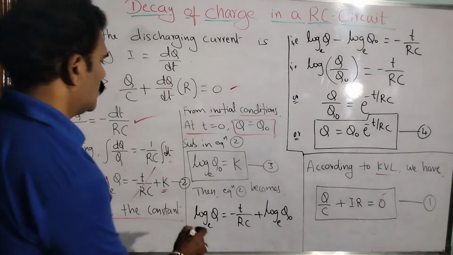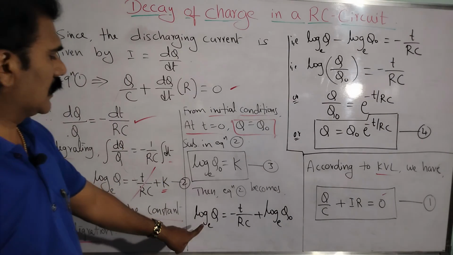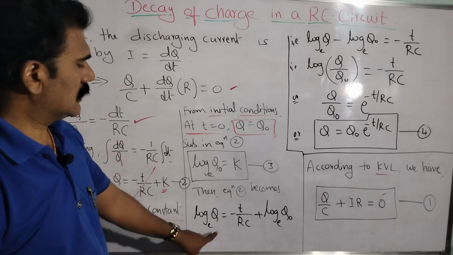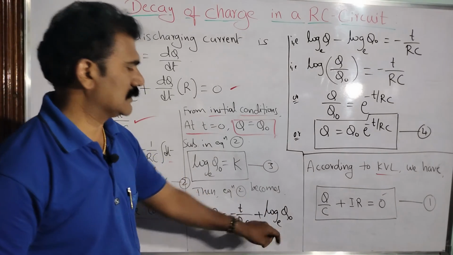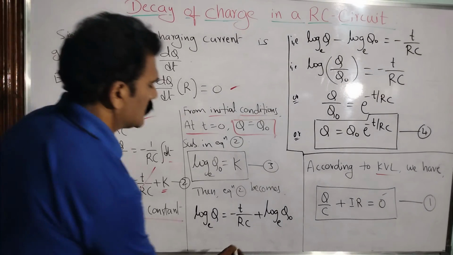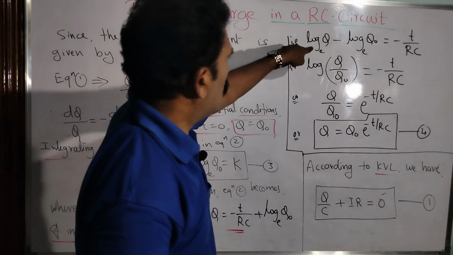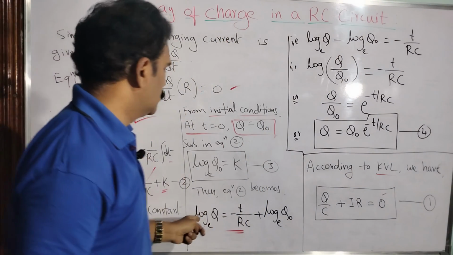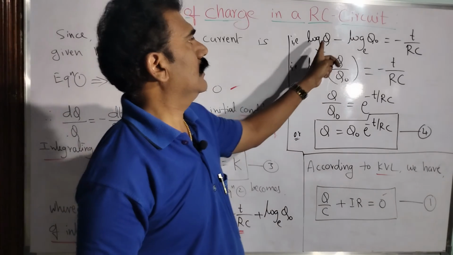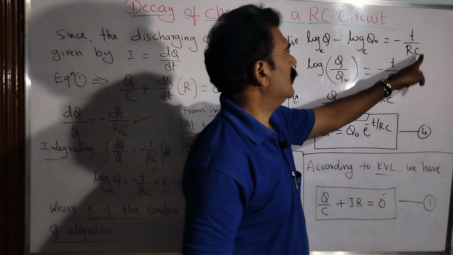Substitute equation 3 in equation 2 again, so that you get log q with base e is equal to minus t by RC plus log q naught with base e again. What is the further simplification? Take all the log terms to one side, log q minus log q naught, so that you can apply the identity log a minus log b, and that is equal to minus t by RC.